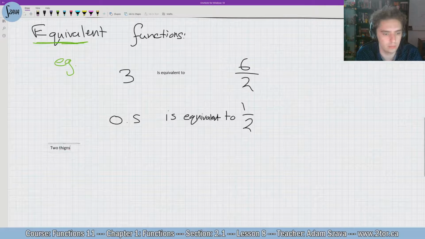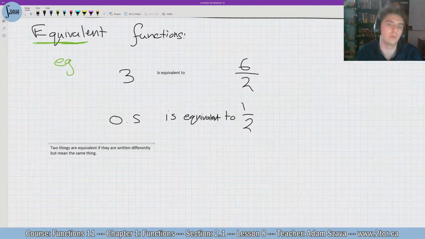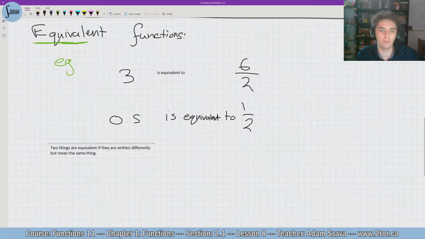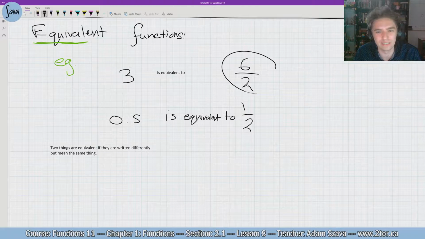Two things are equivalent if they are written differently, but mean the same thing. What they're trying to describe is the same thing. Here, 3 and 6/2 are both trying to describe the number that comes after 2, or half of 6.